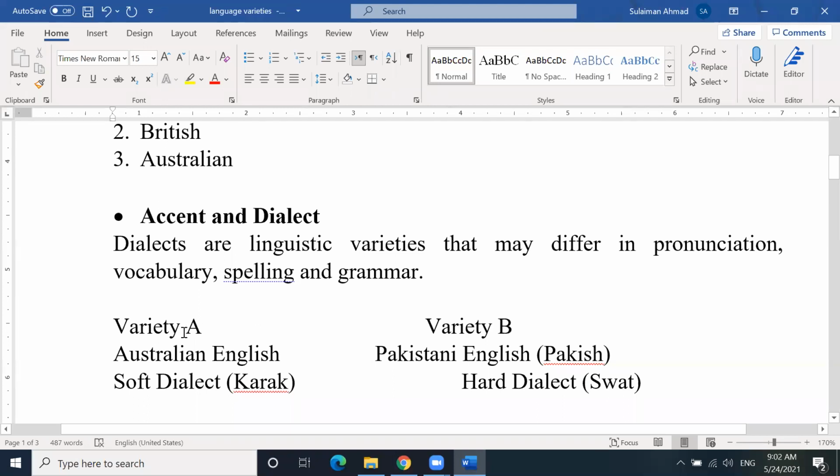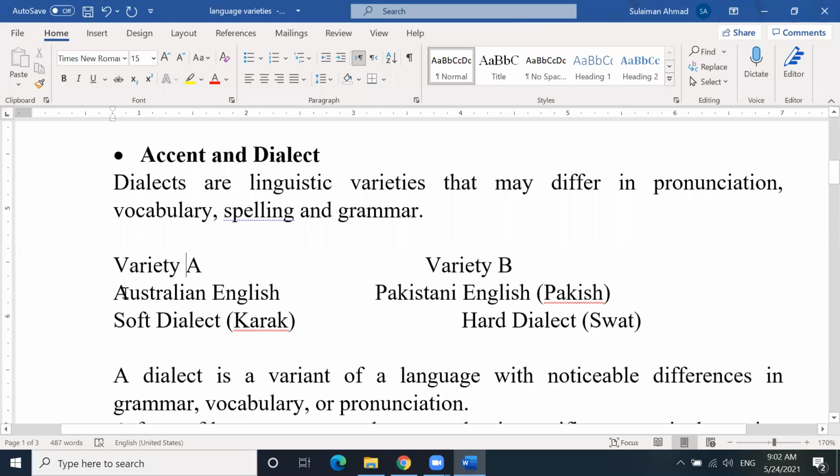So if you look at these varieties of the English language, Australian variety, Pakistani variety, okay.